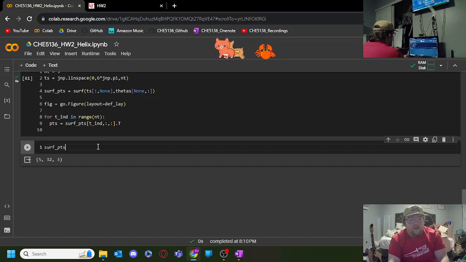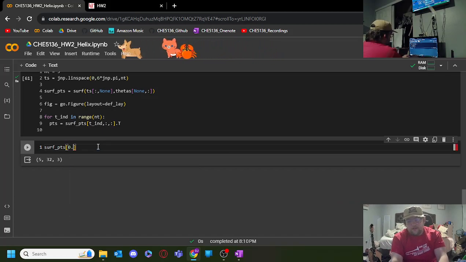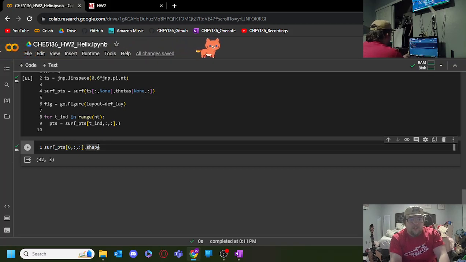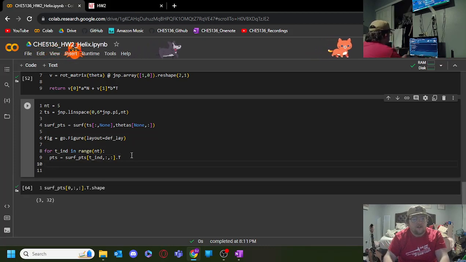Okay, so yeah, as I was saying, if I look at just the first t index, right now it has 32 rows, but what I want to do is make that 3 rows corresponding to X, Y, and Z. So that's why the transpose is there.